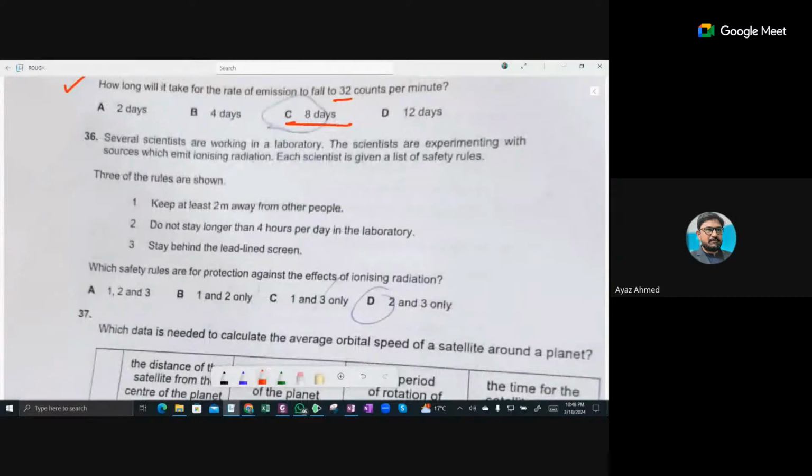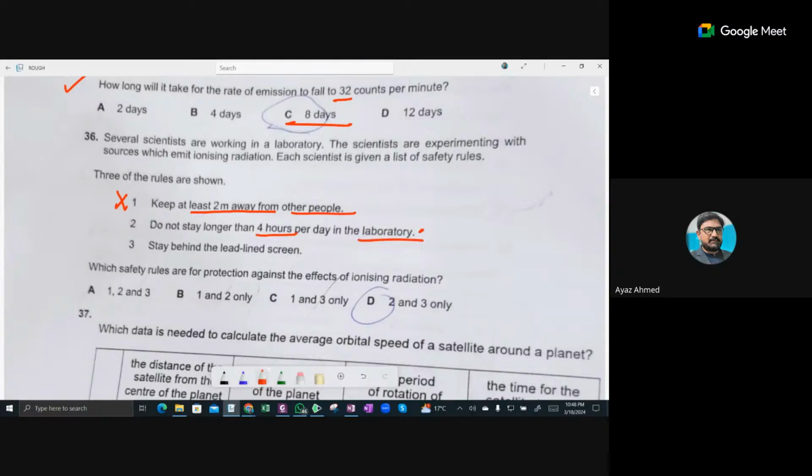So several scientists are working in a laboratory. The scientists are experimenting with a source emitting ionizing radiations. Each scientist gives a list of safety rules. Three rules are shown: keep at least 2 meters away from other people. Oh, this is not Corona, it is basically radiation. Do not stay longer than 4 hours per day in the laboratory.